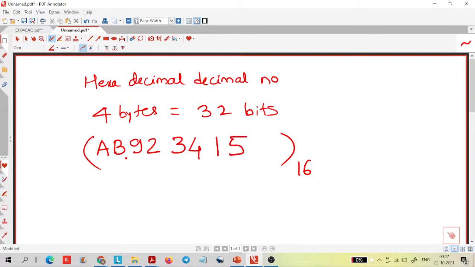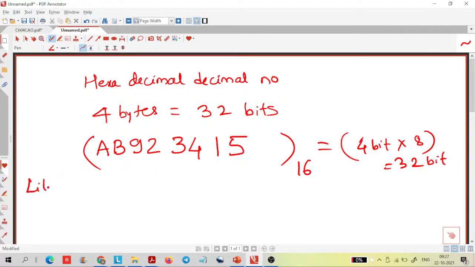So how many bytes? 1, 2, 3, 4. Okay. So the total is 32 bits. In hexadecimal, 1 digit equals 4 bits. So 8 digits, that makes 32 bits, right?